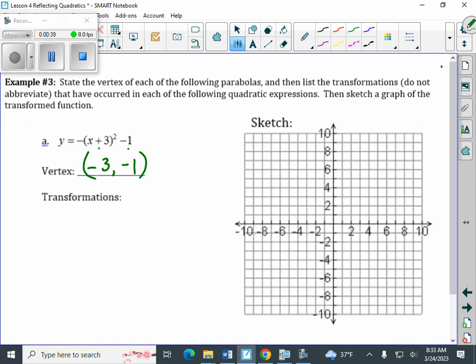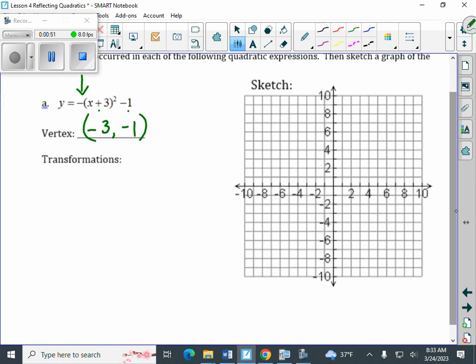In terms of transformations, I'm going to start and read the graph left to right. Out in front of the graph, also known as outside of the function, is a negative. And when we have a negative outside of the function, that means that we are going to reflect over the x-axis.